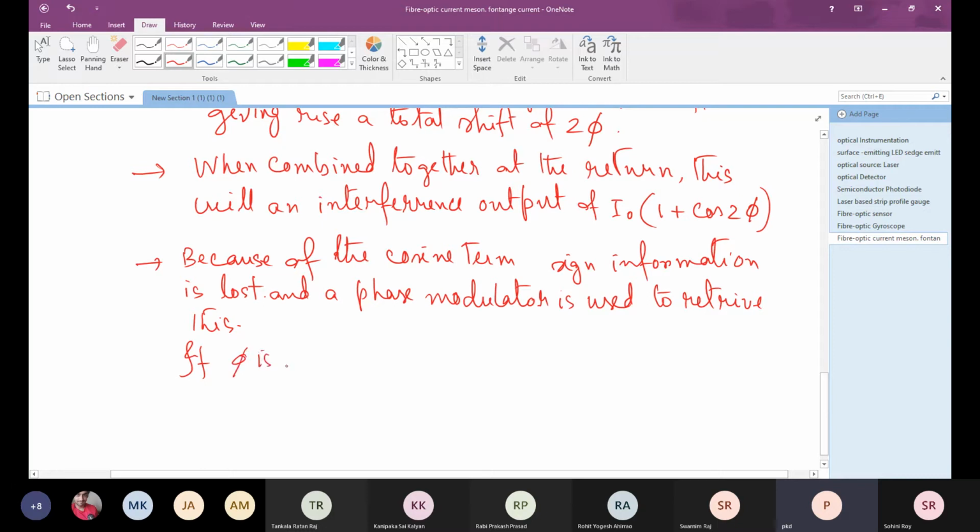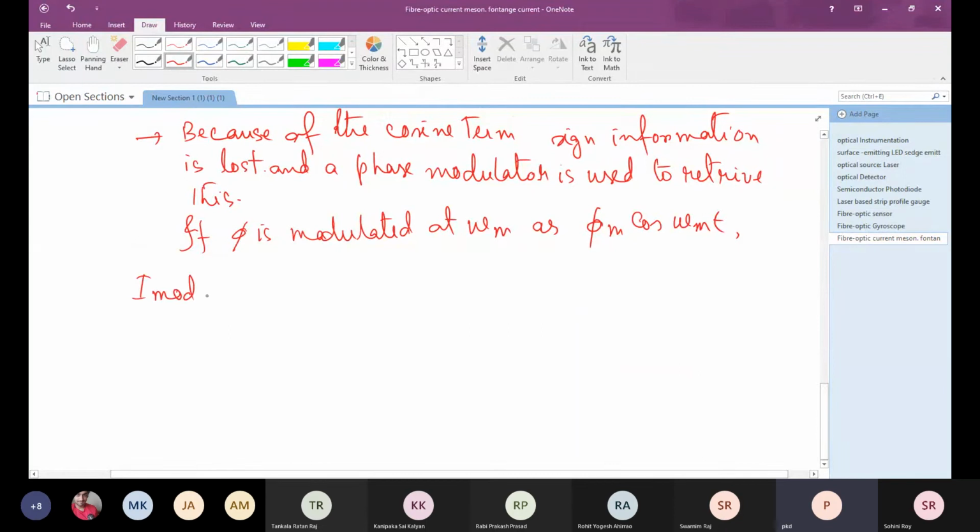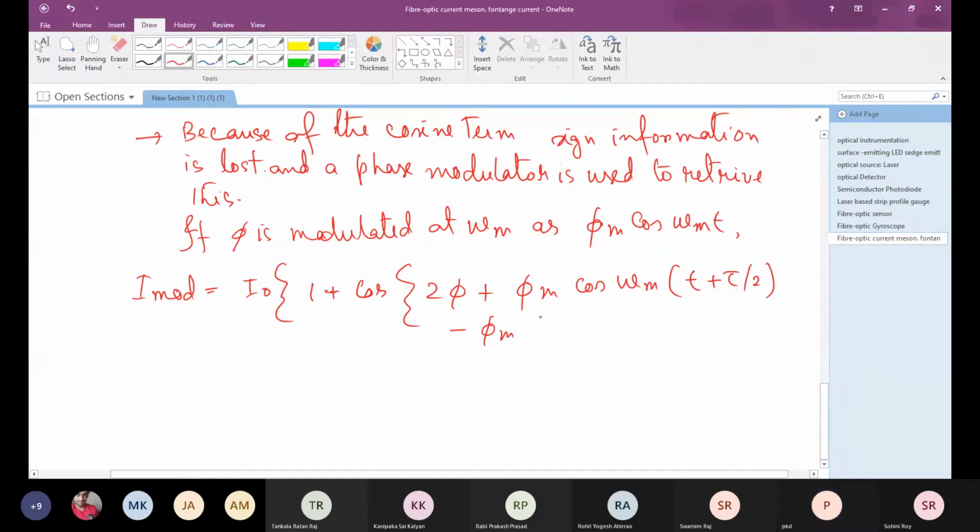Say if phi is modulated at omega m as phi m cosine of omega m t, then the modulated intensity would be I0 times 1 plus cosine of 2 phi plus phi m cosine omega m (t plus tau by 2) minus phi m cosine omega m (t minus tau by 2), where tau is the round trip time.